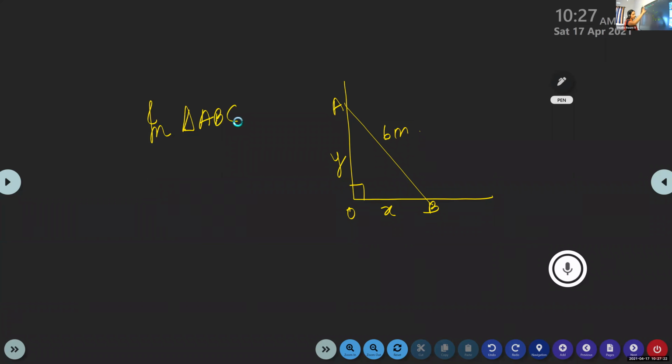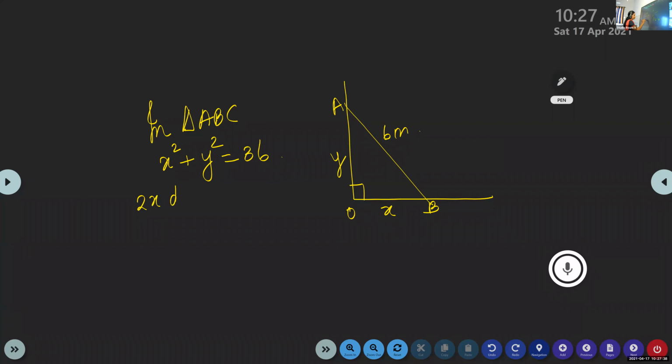You should write all the steps. Let OA be x, OB be y, AB is 6 meters. Everything you have to write in detail. I'm just writing only the main points here, so you can check your answer. x square plus y square is 36.